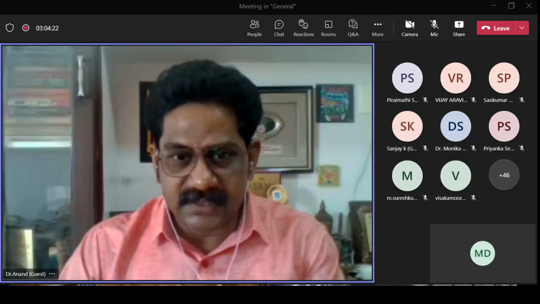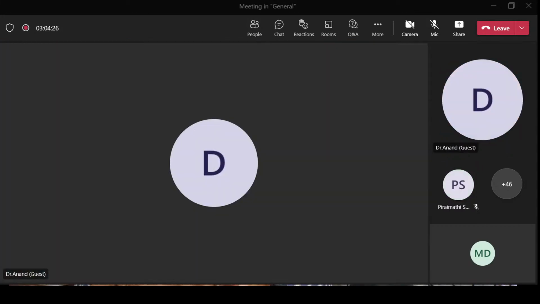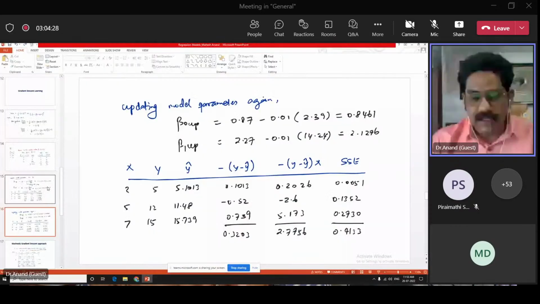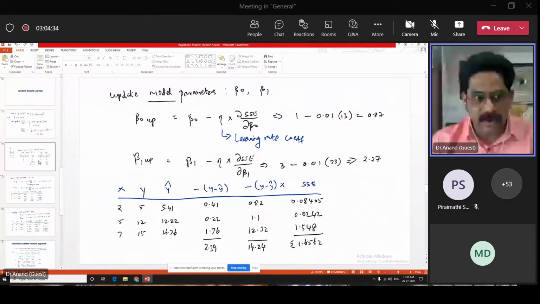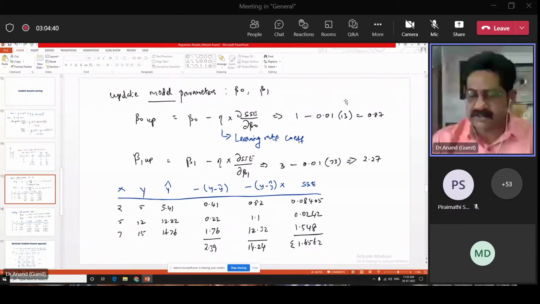Whereas in the classical gradient descent, we expose all 3 records to the model. We compute the total gradient, like 13 and 73. Then we use that 13 and 73 in the formula to adjust the slope and intercept. Whereas in stochastic gradient descent, first I present one record.